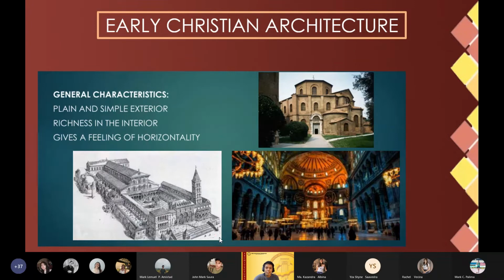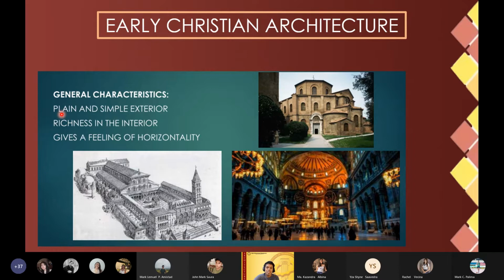Next, what are the characteristics of early Christian architecture? So if you noticed, I think there are some of the examples provided on the given notes. So plain and simple exterior. So again, one of the basic characteristics of early Christian architecture, nakita ka plain and simple exterior, mostly, not all, but mostly.